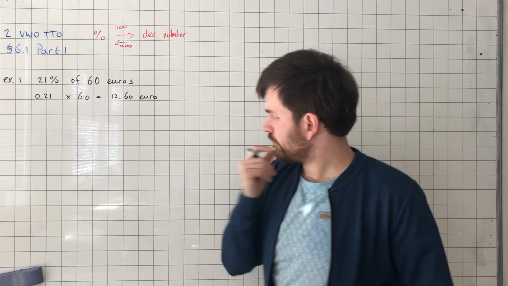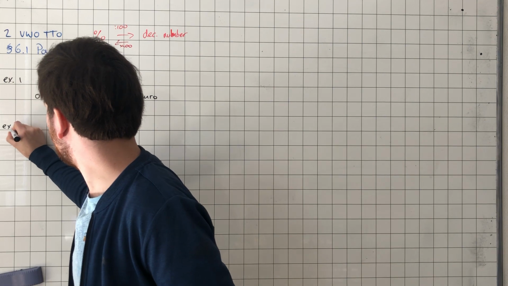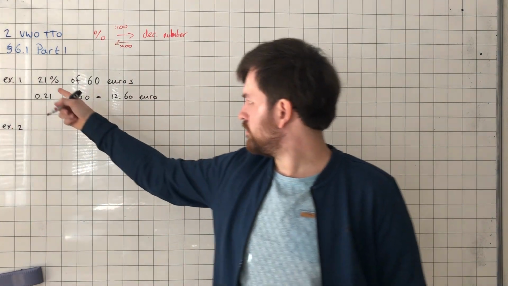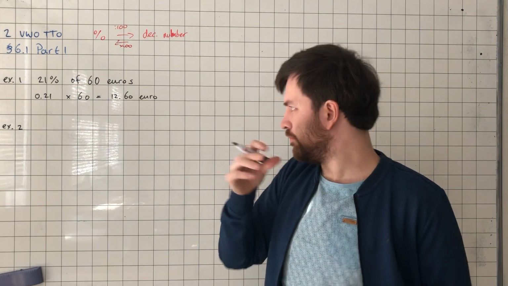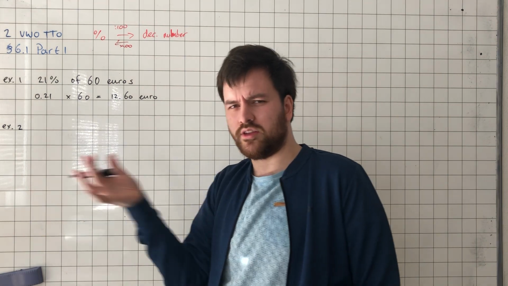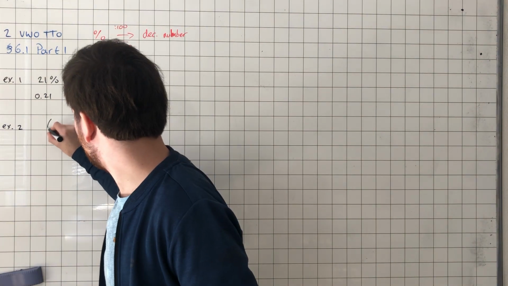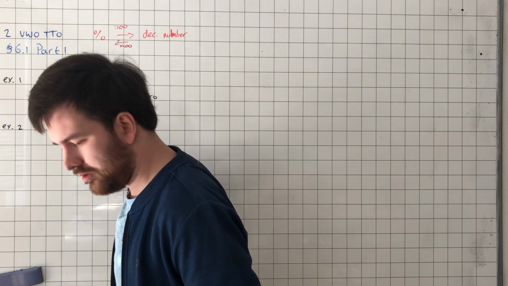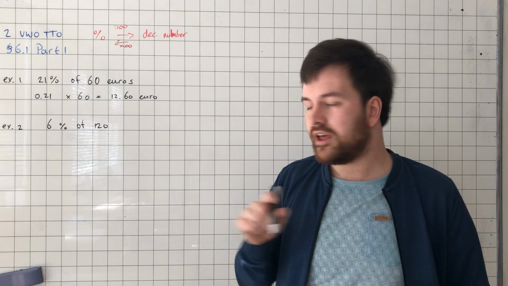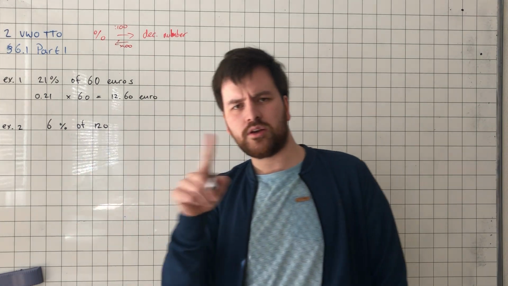Okay, let's give you one more example. Sometimes people turn, for example, 6% into 0.60. The thing is, 0.60 is 60% and not 6%. So if you want to calculate 6% of 120, then 6% becomes 0.06.